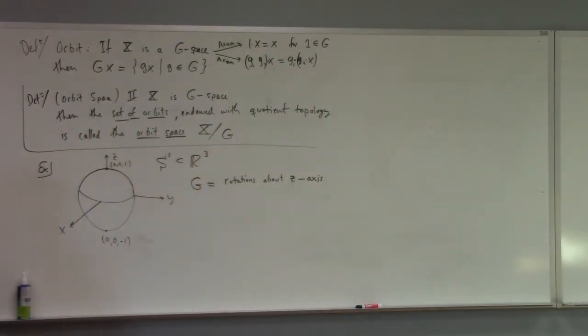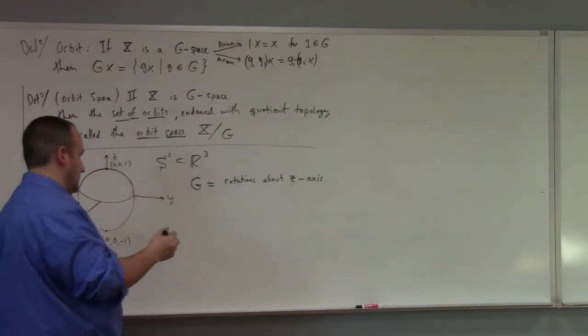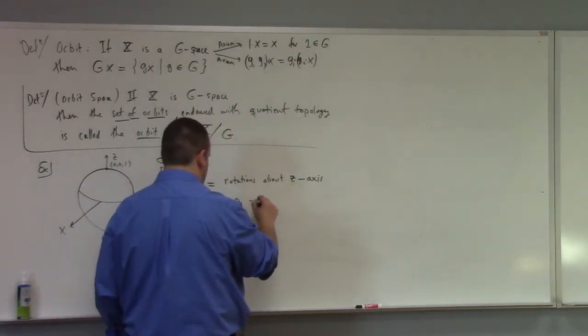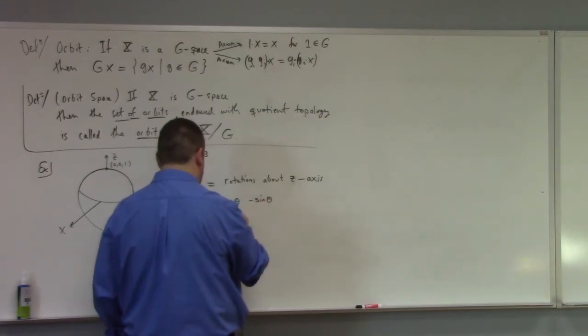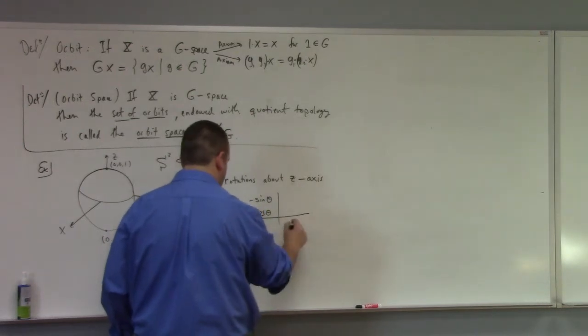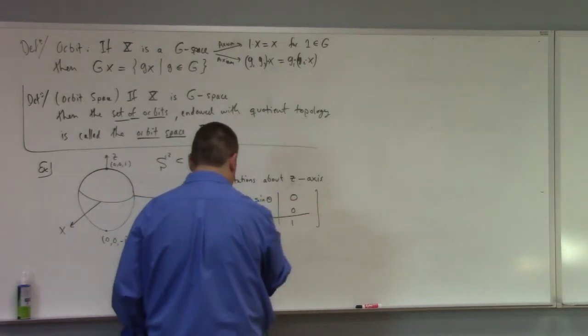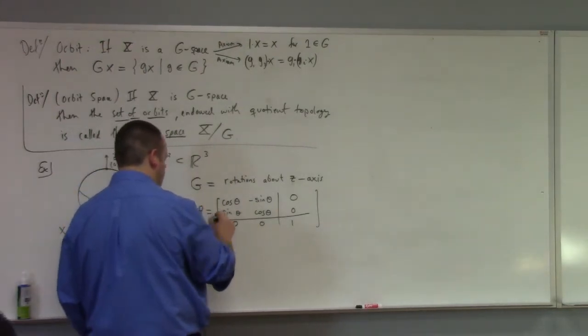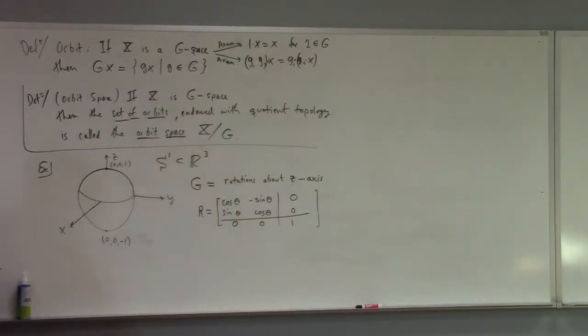So if you look at rotations, what would be the matrix of a rotation about the z-axis? Something like this, right? You've got your cosine theta, sine theta, minus sine theta, cosine theta, something like this, right? If I let this kind of matrix rotate points in R3, that's a rotation around the z-axis, right?